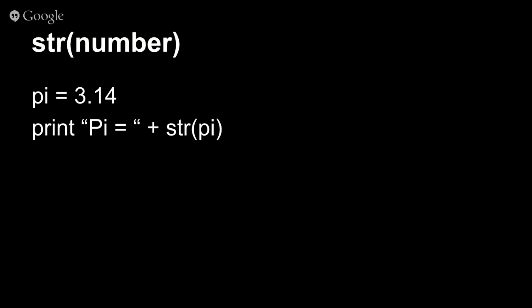Anyway, if we were to say print, and then in double quotes, pi equals, and that's just printing out the string pi equals, then we have a space after the equals, so there's room to put the number, and then the str method, which is actually called a function, but you'll hear it called both things, a function or a method.